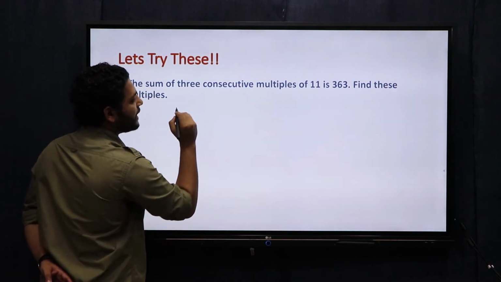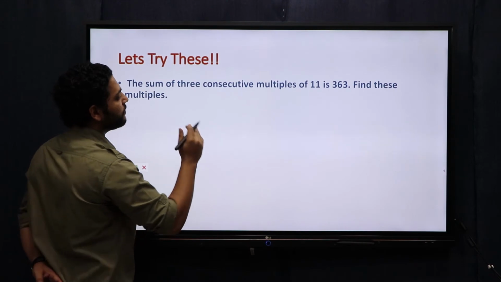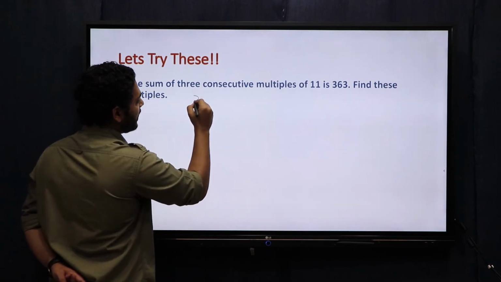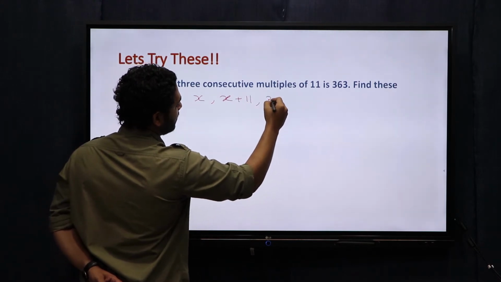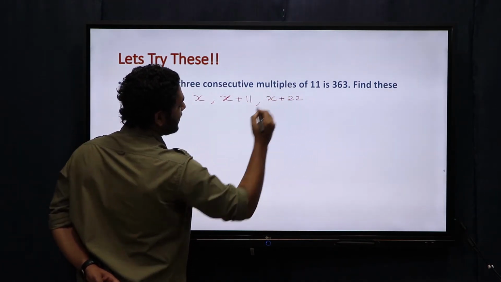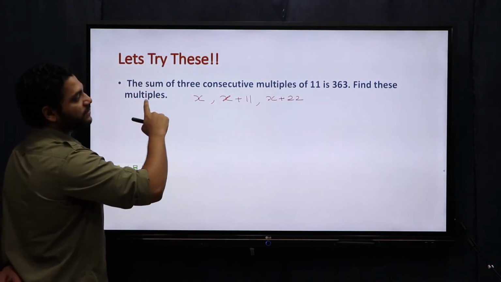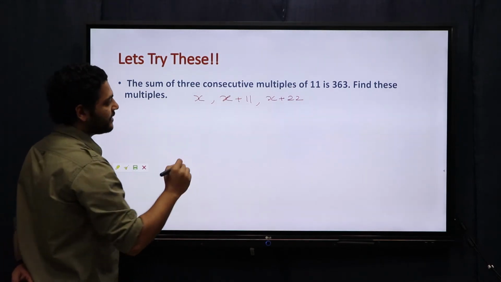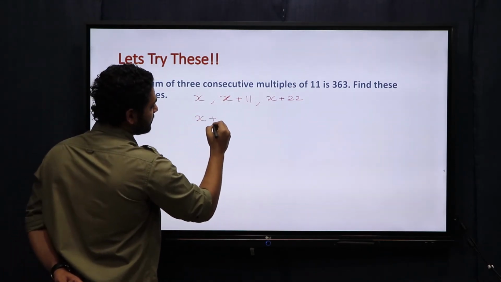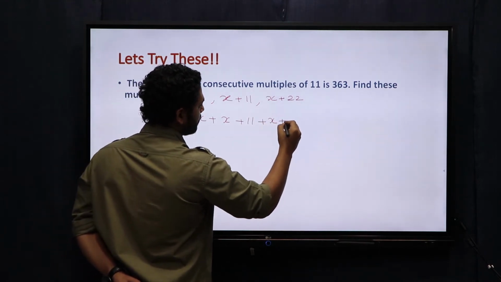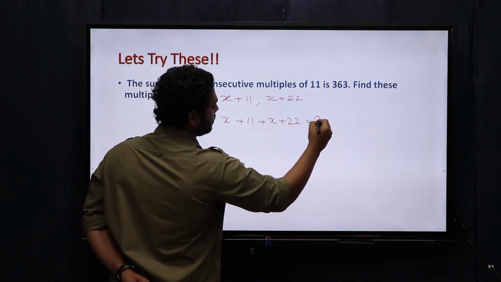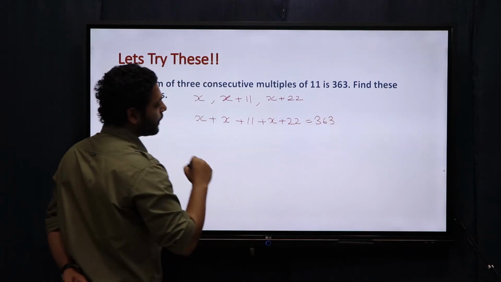So let me assume that the three consecutive multiples of 11 are x, x plus 11 and x plus 22. Now the sum of all these three is 363. So I just add all these, equal to 363, right?